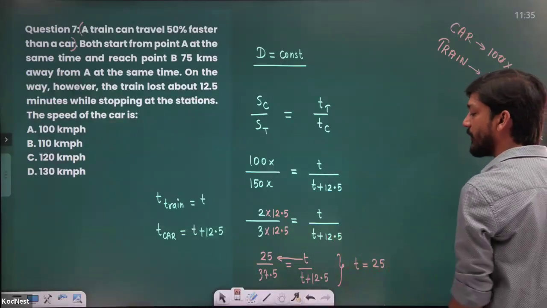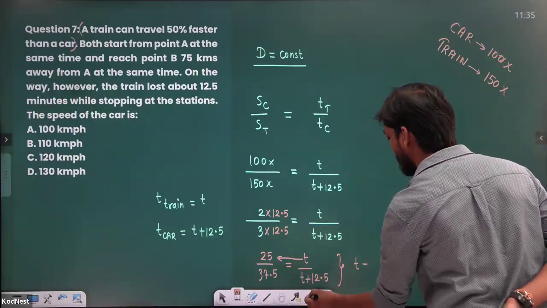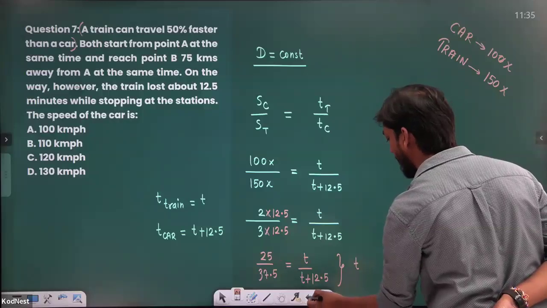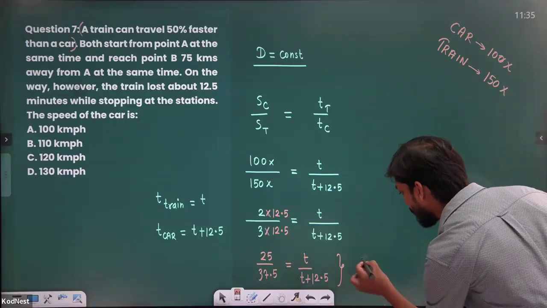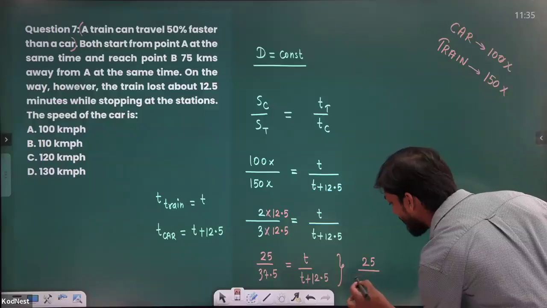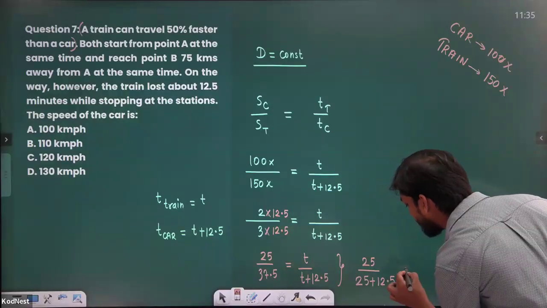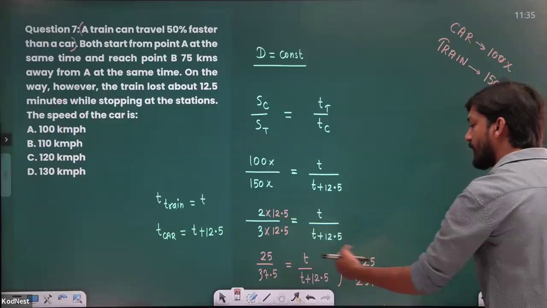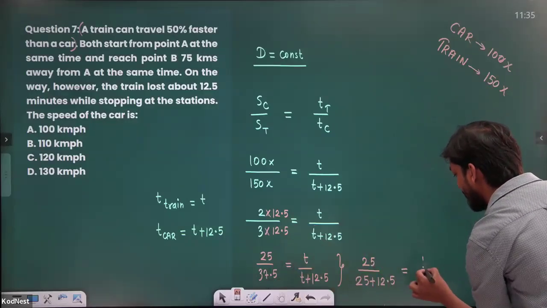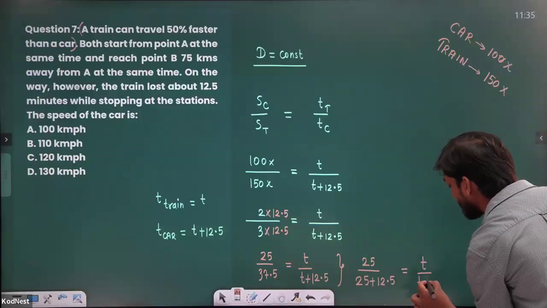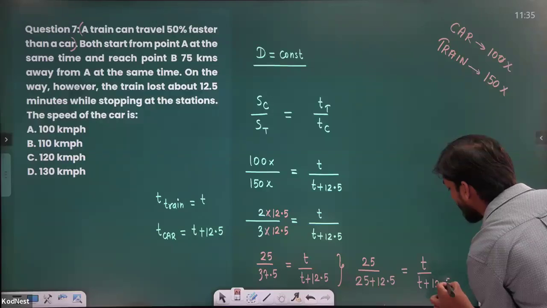Because you can compare. Let me show this. 25 by 25 plus 12.5, that is 37.5. t by t plus 12.5.